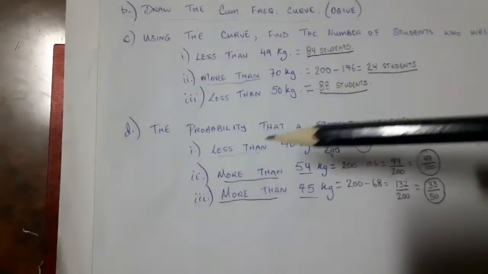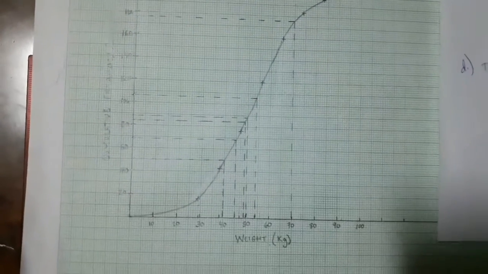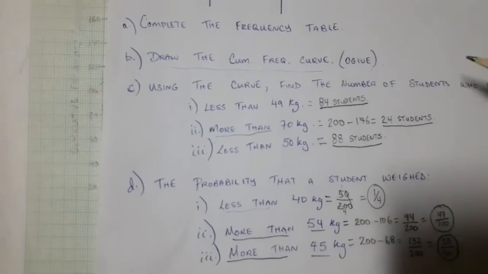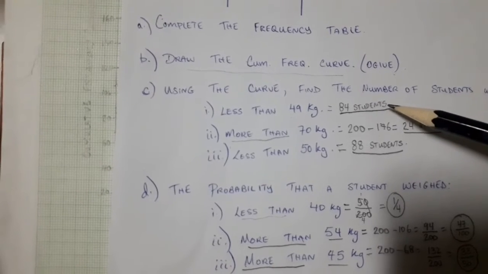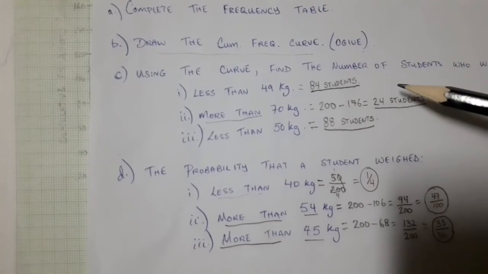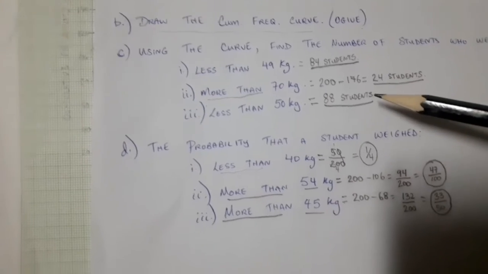Cumulative frequency curve, students, is not always perfect, and that's why we get different answers, but the answers are not far. If the correct answer is supposed to be 84, when you write 86 or 82, you're given the marks. You are given correct. The same thing goes for all the questions.